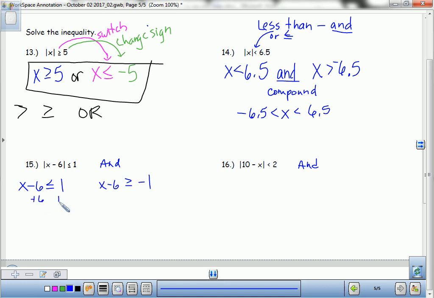So here when I solve, I get x is less than or equal to 7. Here when I solve, I get x is greater than or equal to 5. So my answers are less than 7 and greater than 5.